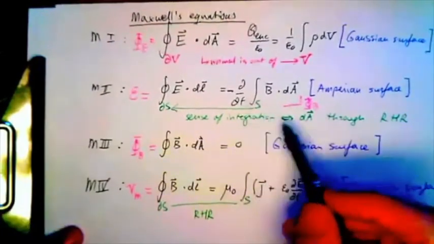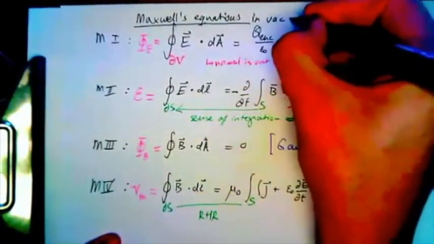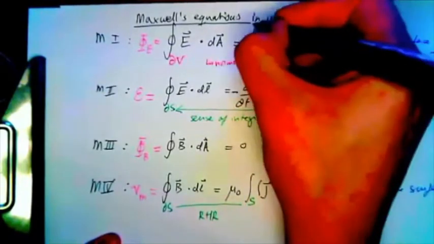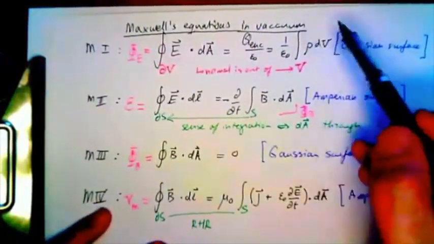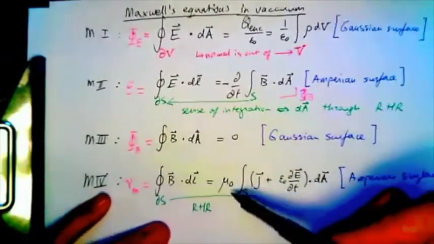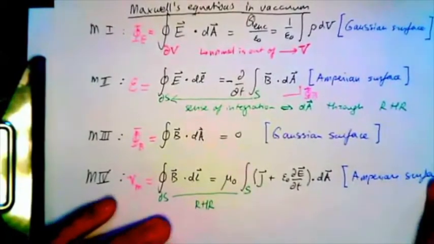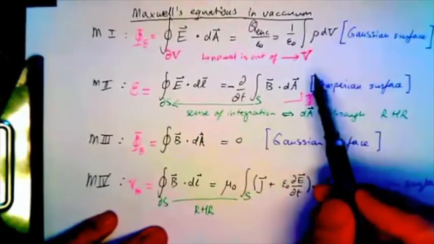So this is Maxwell's equations in vacuum. These are the equations in vacuum, and we can modify them a little bit, messing around with this epsilon naught and messing around with the mu for certain magnetic materials, but we're not going to do too much of that.